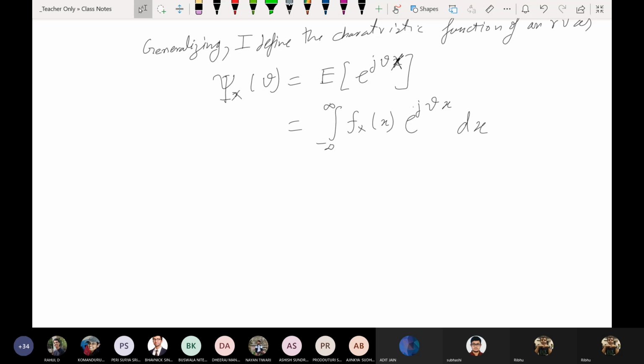So what you do is that you can write this as expectation of 1 plus jvx minus v square x square divided by 2 factorial, plus, oh sorry, this shouldn't be j, this should be minus, and again minus j v cube x cube divided by 3 factorial, plus, and so on. Fine.